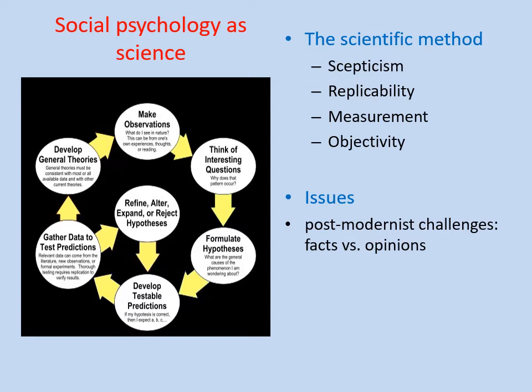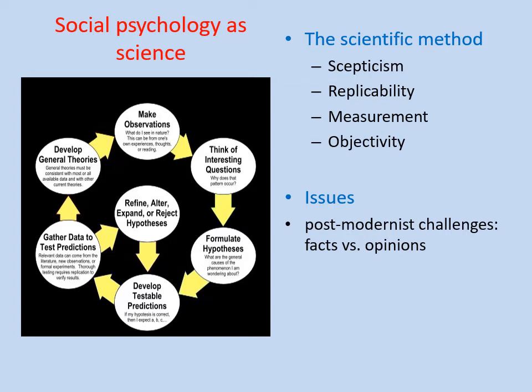In order to do that, we need measurement. It's not enough to voice an opinion or an evaluation. You really have to have objective, measurable, quantitative data to back up your claims. And objectivity, this is the idea that your subjective values and opinions should be put aside when you do science. You rely on facts to draw conclusions and to establish causality.